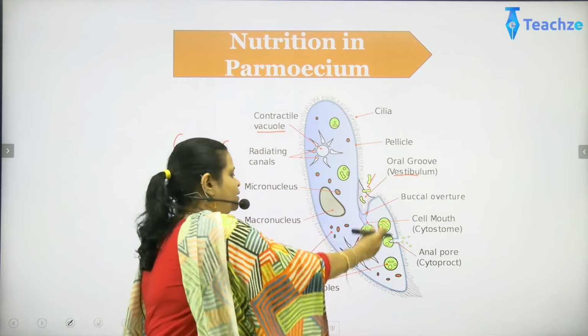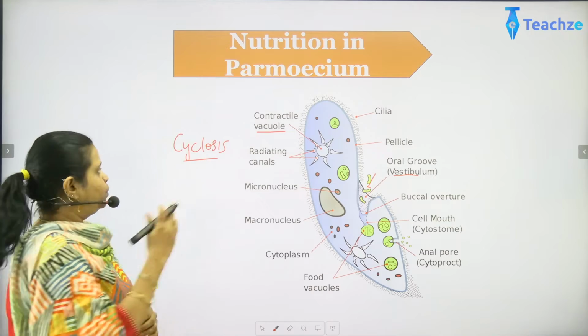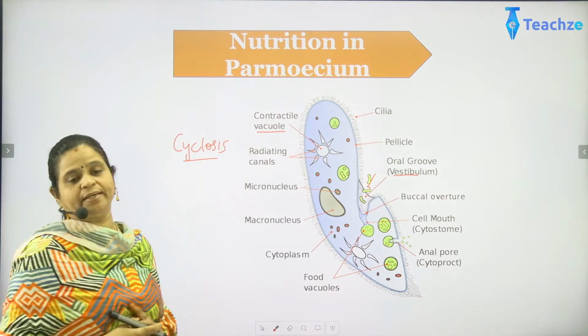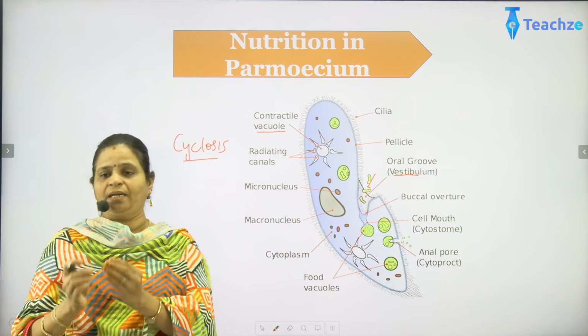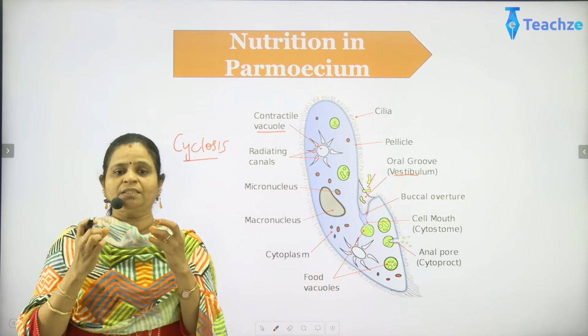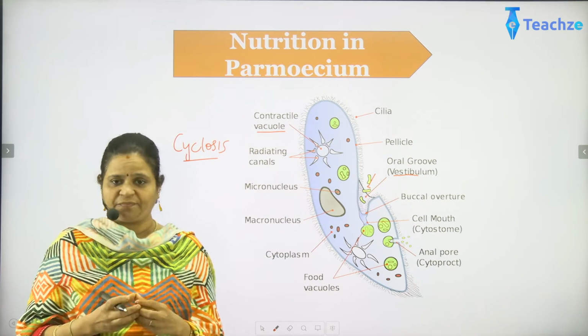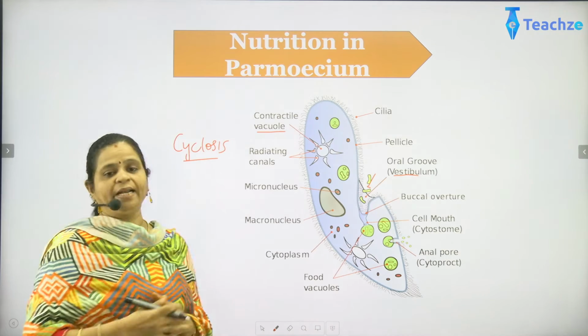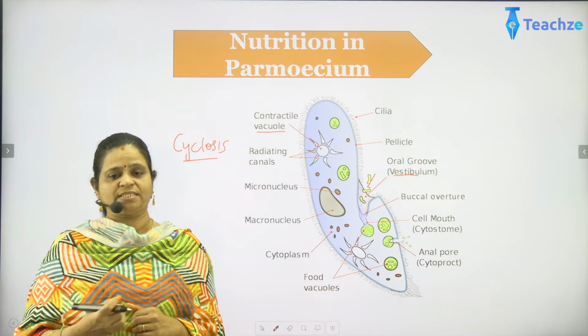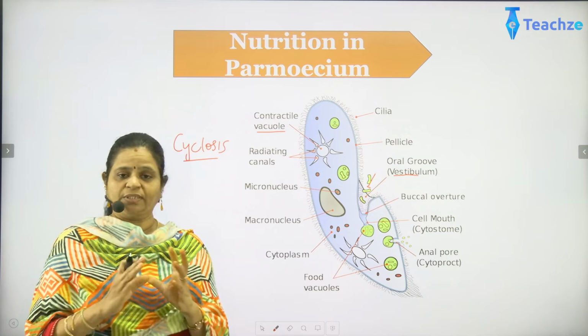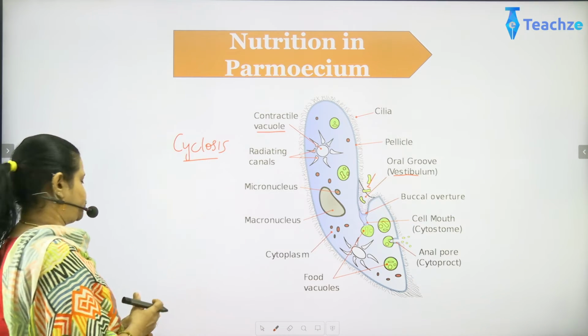The streaming movement of the food vacuoles we call cyclosis in Paramecium. So the major difference between amoeba and Paramecium is that in amoeba, the food procurement is not specific in nature, whereas in Paramecium it is very specific, and the point where it takes the food is also very specific. That's the major difference between these two.